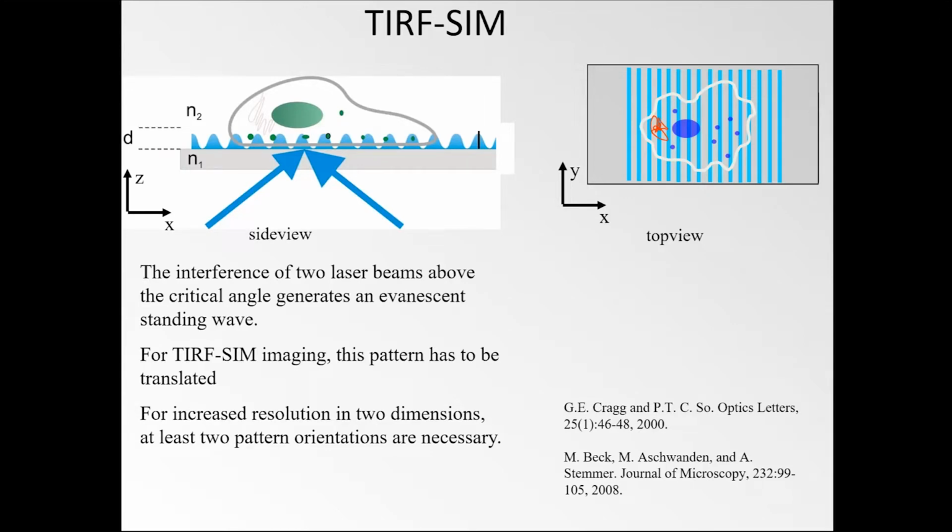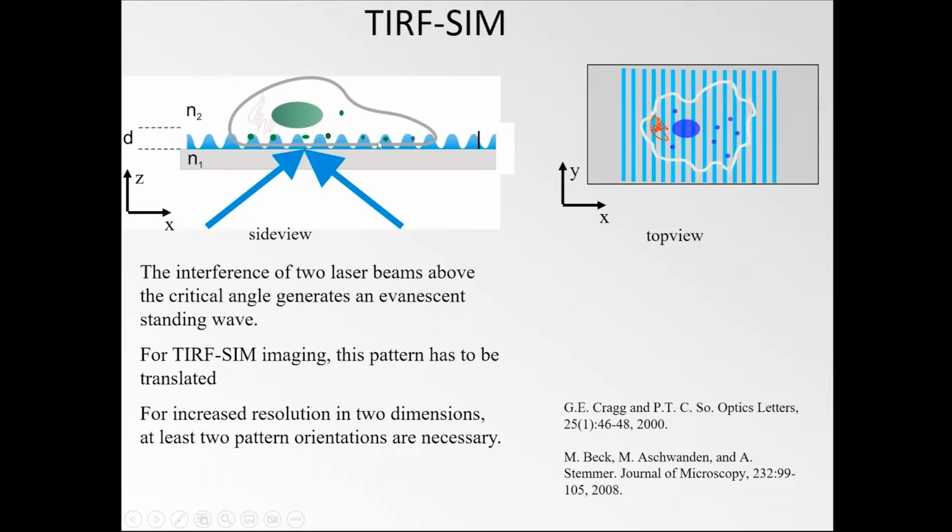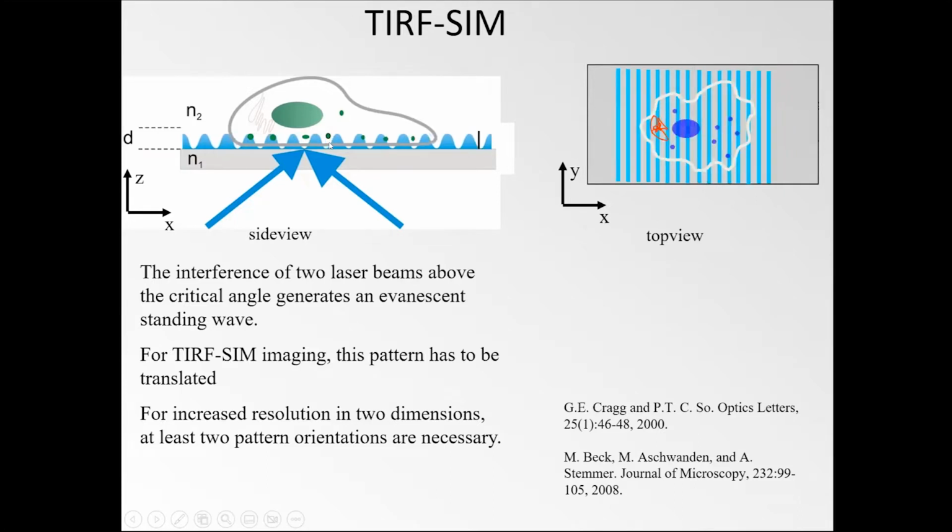Or without the mathematical rationale, we can also see that if there was just by bad chance a fluorophore in a minimum, it will not get excited for this pattern position. So by moving the pattern, we can make sure that every fluorophore that is in the sample has been excited.